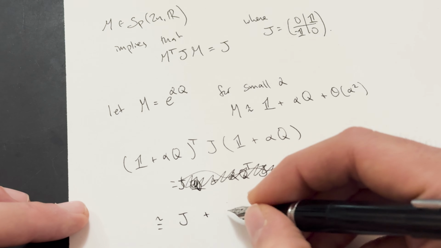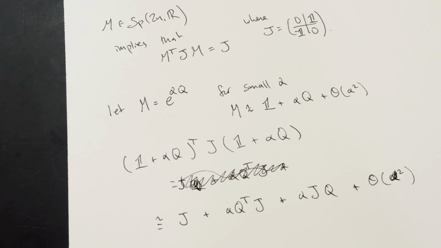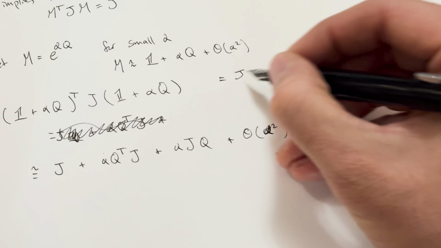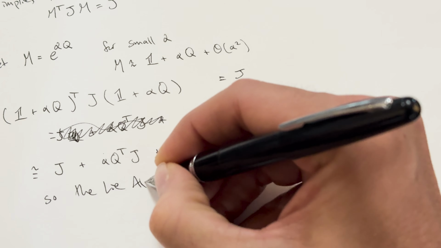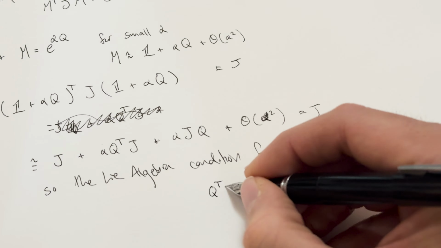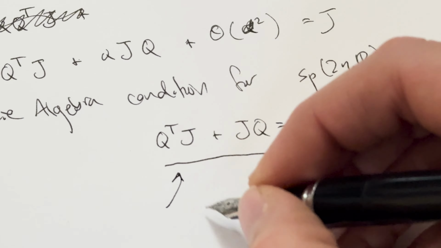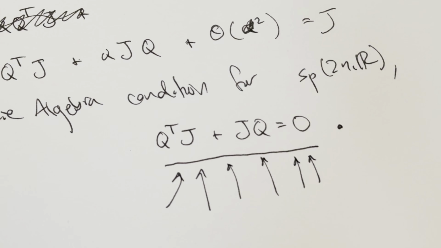And we see the zeroth order terms are just J and J, so those cancel out, no big deal. And what we're left with is the first order terms. And that tells us basically that Q transpose times J plus J times Q is equal to 0. This, in other words, is the matrix condition on the Lie algebra associated to the group of linear symplectomorphisms.